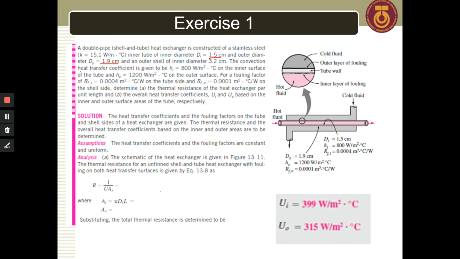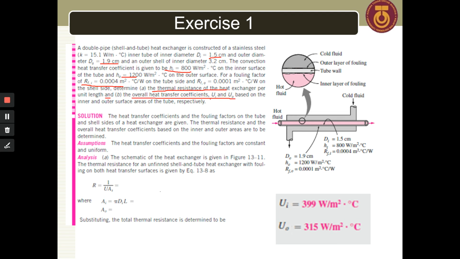Then what else is given? The h coefficient for inside and for outside, and the fouling factor was also given. The question asks for the thermal resistance of the heat exchanger per unit length, and also the overall heat transfer coefficient.